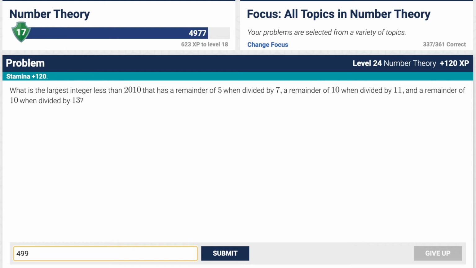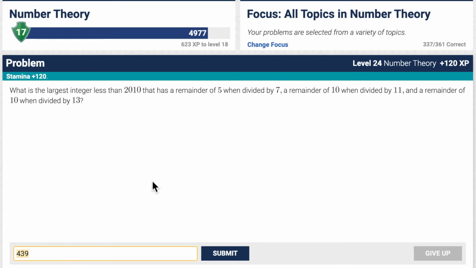Wait, I just need to do this. It should be 439. Okay, again, it's very close to 60 times 7, which is 420. That's a 19 remainder, and 19 divided by 7 is a remainder of 5. So that's what we want.